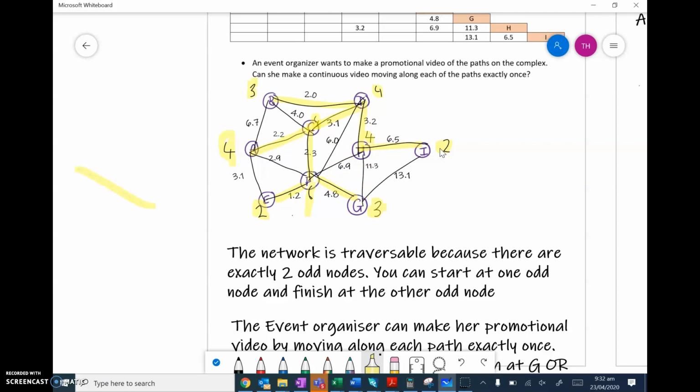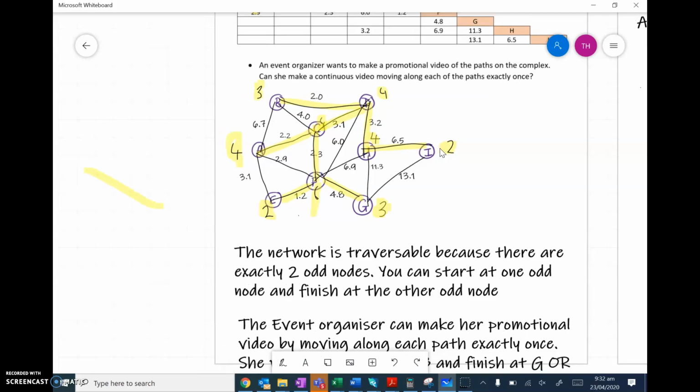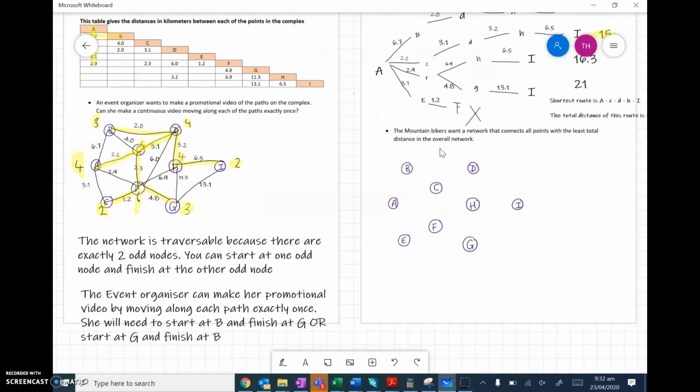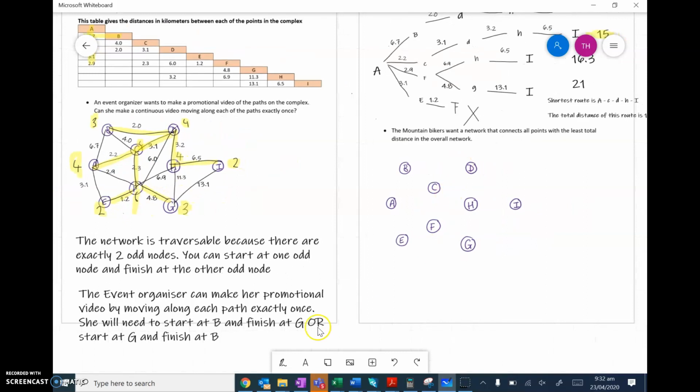So I'm going to redraw that over here. So my minimum spanning tree has a line from B to D, from D to C, C to A, C to F, F to E, F to G, D to H, and H to I.